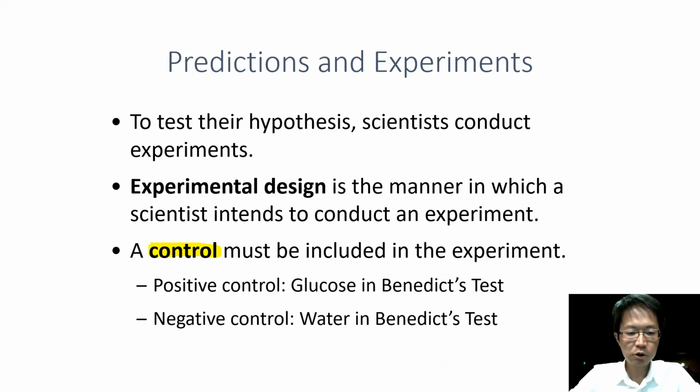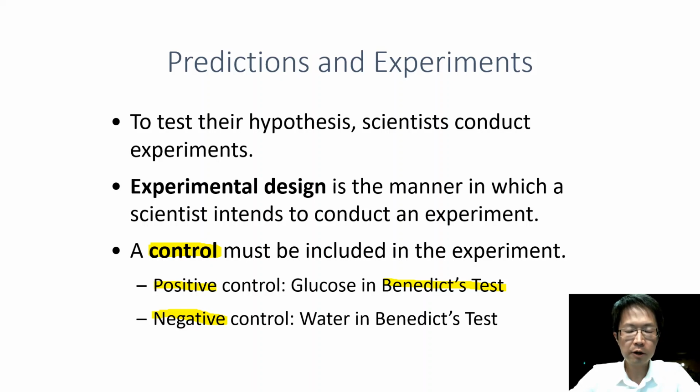And there are two types of control, positive and negative. Later in this semester in the lab, you will test different types of food using different types of tests. One type of test is called the Benedict test. Benedict test tests for glucose, or what we call reducing sugar.